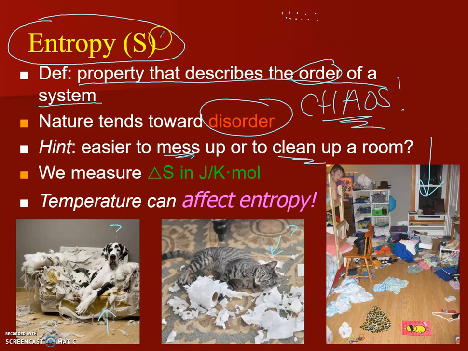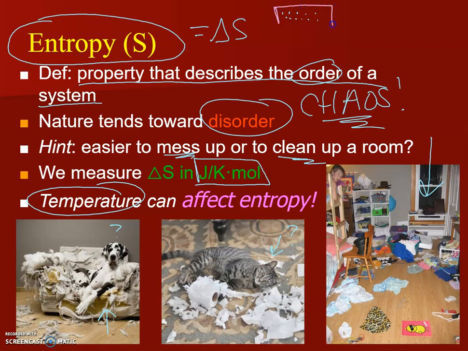Okay, so we actually refer to this as delta S. We're going to refer to this as the change in entropy, and it is in joules per Kelvin mole, or joules per mole Kelvin. All right, that means temperature is going to affect entropy because guess what happens to our nice, organized, lovely little ice molecules?